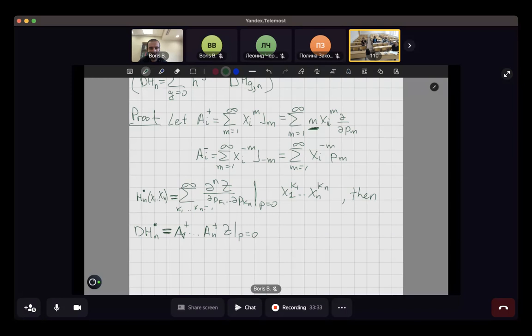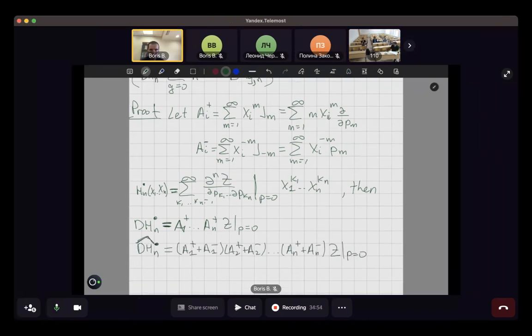Is it clear to everyone? Okay, and then what is left to do here is to expand the brackets and to see how this A plus differential operators act on this A minus, etc., and to see how this DHN with hat is connected to this DHN without hat.